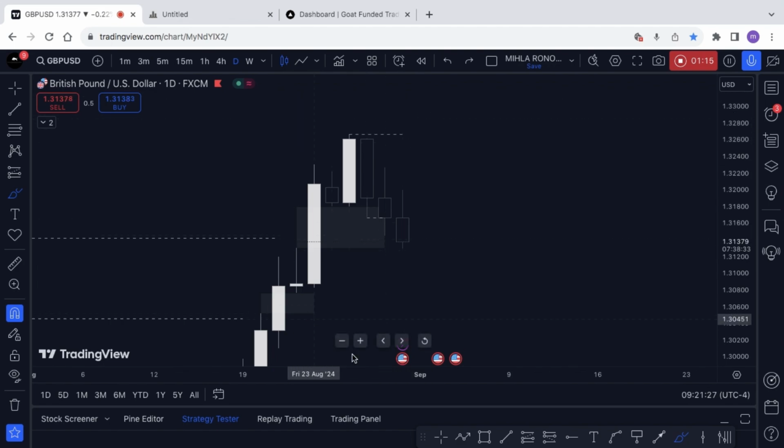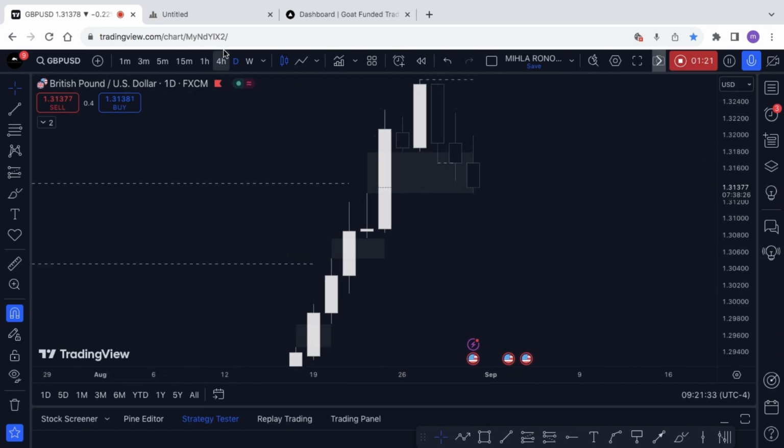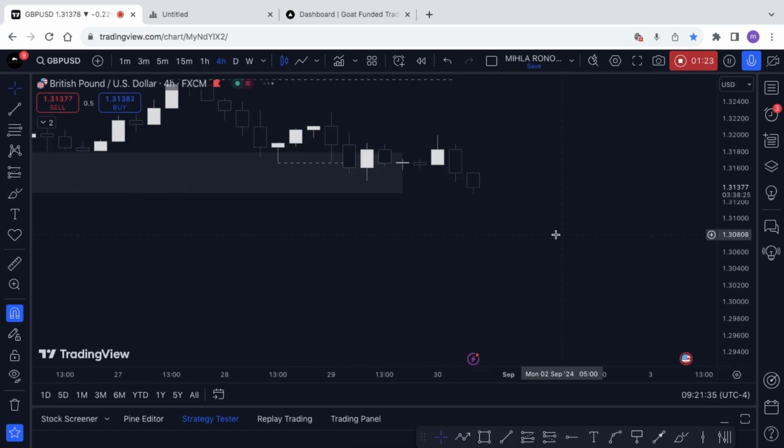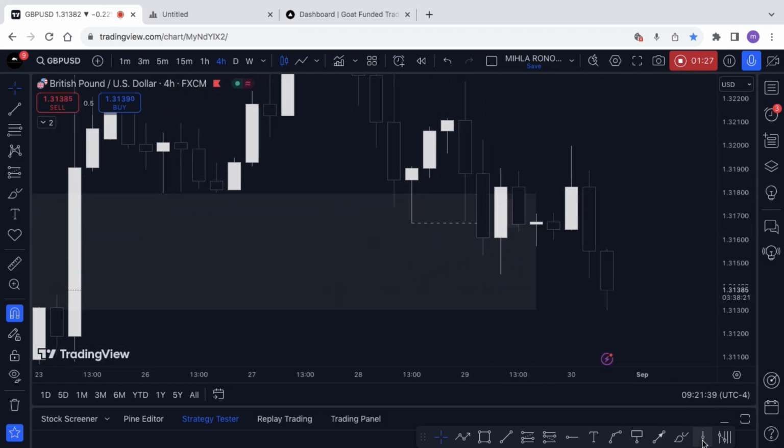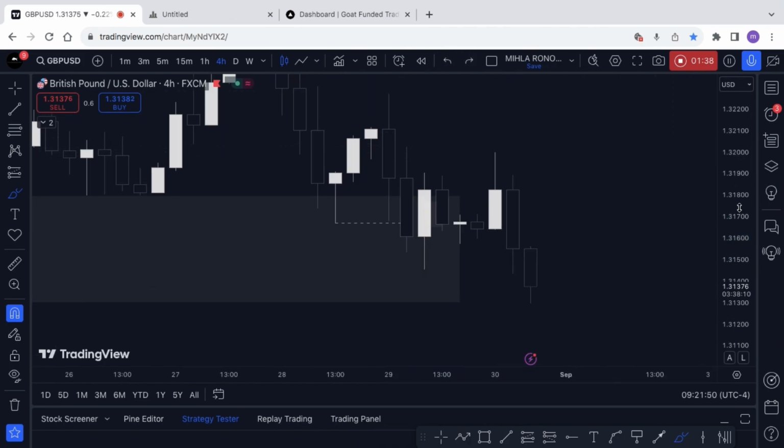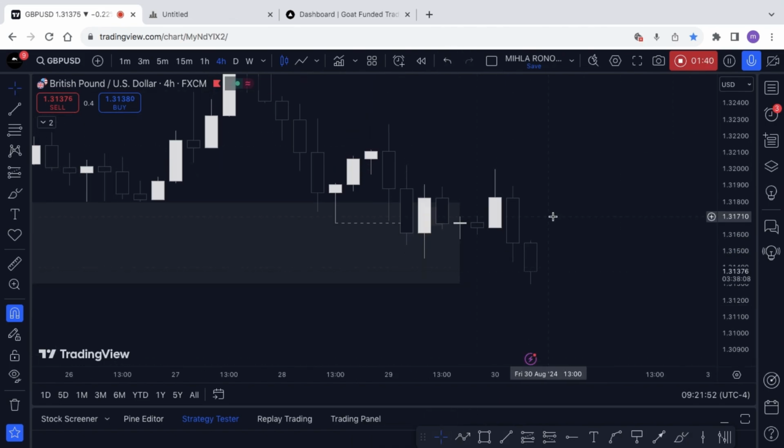So price tapped into this daily yesterday evening. After tapping into this, I think it confirmed on the 4 hour with a sweep. The sweep over here was my first confirmation that price might give me some entries to push higher, because price had liquidity above for me to target.